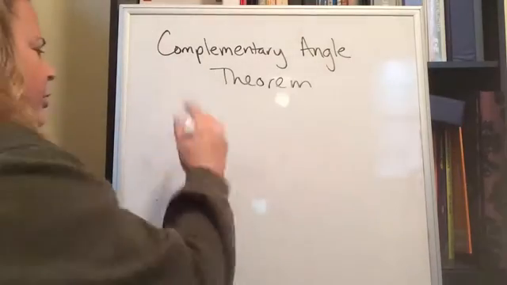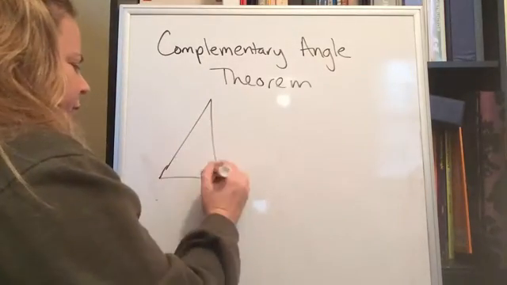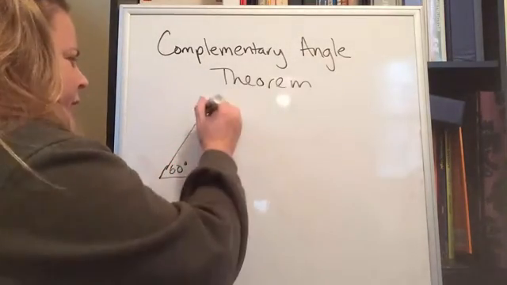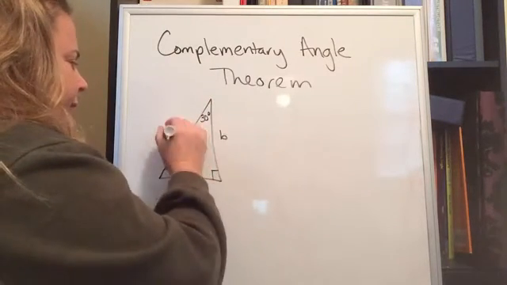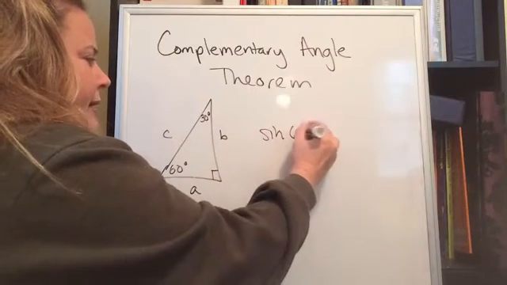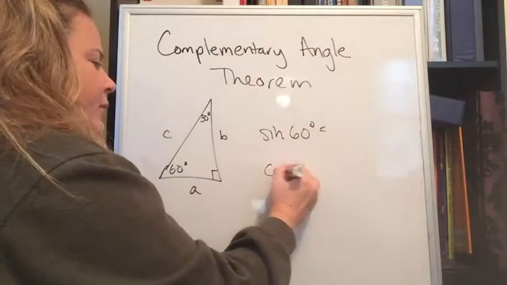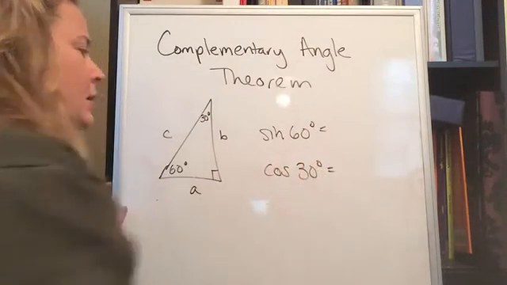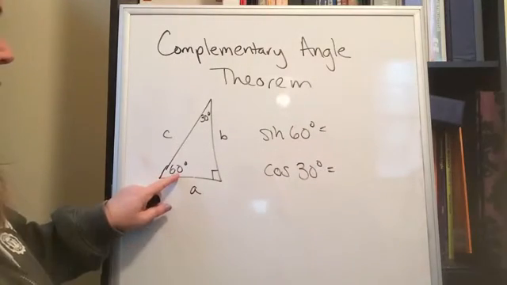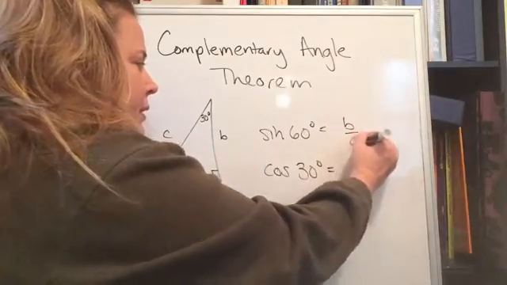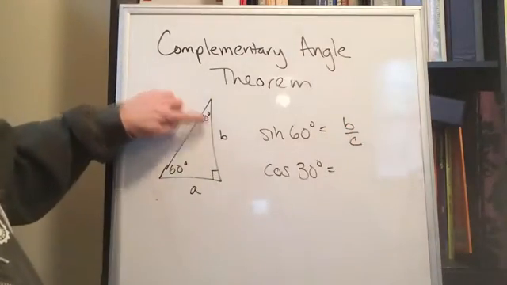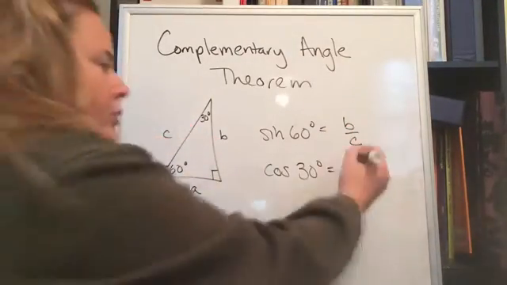So let's do another triangle again, but let's put some values in here. I'm going to make this 60 degrees. I'll make this angle 30, right? Again, I'm going to label these A, B, and C. So what is sine of 60 and what is cosine of 30? Sine of 60 would be opposite over hypotenuse, b over c. And cosine of 30 would be adjacent over hypotenuse, which is b over c.